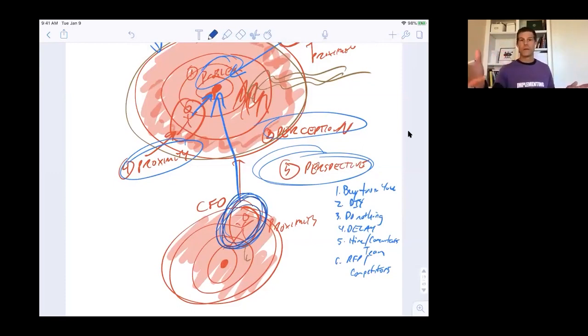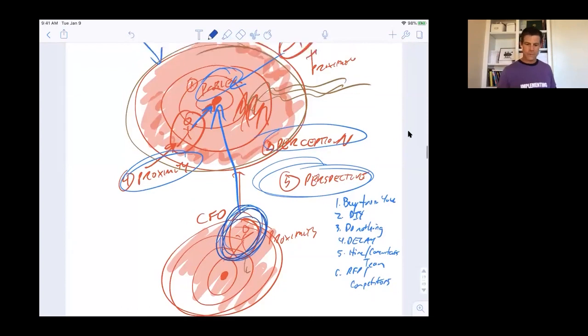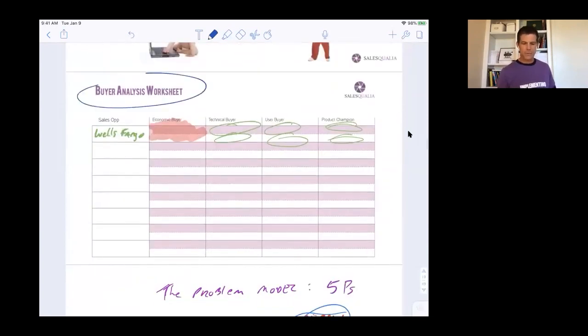We're going to need you to agree that it makes sense to go to the next steps of the sale, so that in a way you're sort of project managing for that CFO. So that's our job, to make sure that we're keeping in touch with all of those buyer types, which is why, in this buyer analysis worksheet, even if somebody's not proximate to the problem, but we know that person is the economic buyer, it's our job to make sure that we've identified that person, that we've had contact with that person, and that we're keeping that person informed about the progress we're making with the rest of the team.